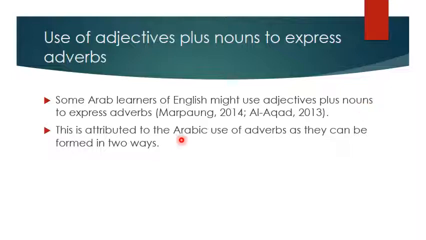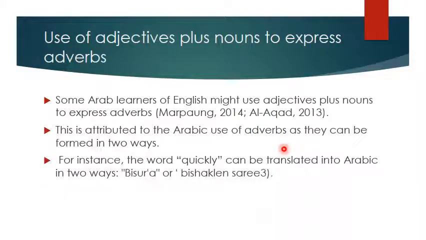This is attributed to the Arabic use of adverbs, as they can be formed in two ways. Arabic speakers can express the meaning of adverbs in English in two ways.